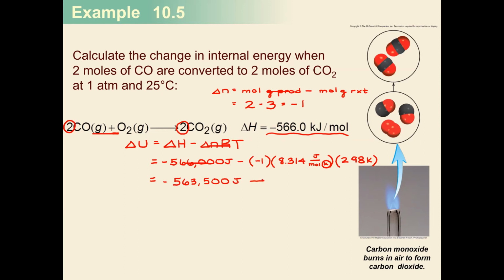Well, we are going to put that in a much more useful format and end up getting negative 564 kilojoules per mole of internal energy for this reaction. So as you can see, using the balanced chemical equation and our change in moles, we are able to calculate so much more than just using our pressure and a change in volume.